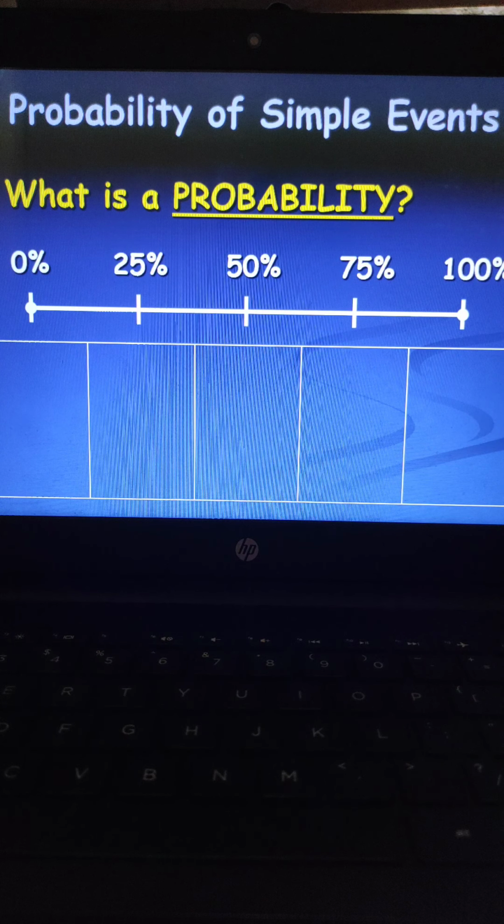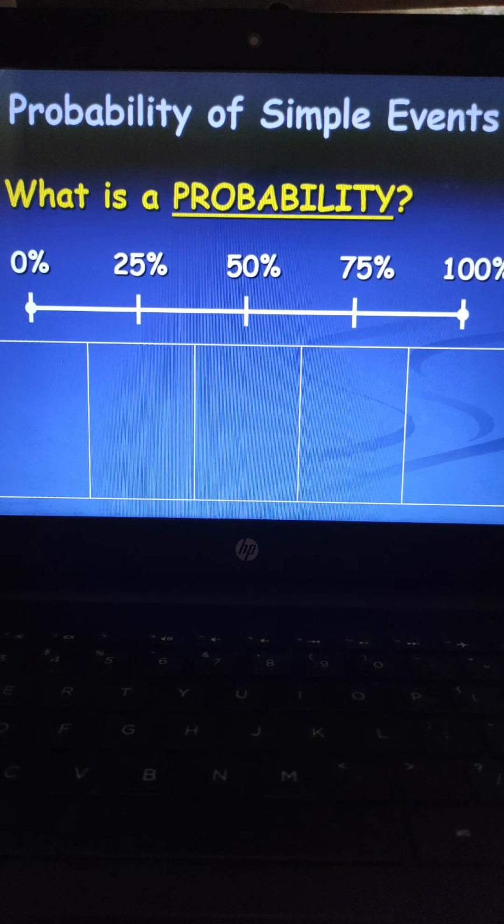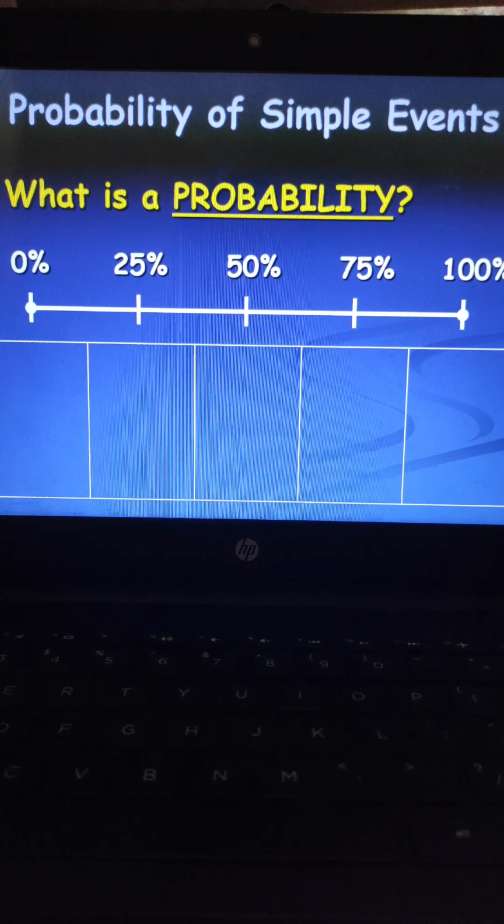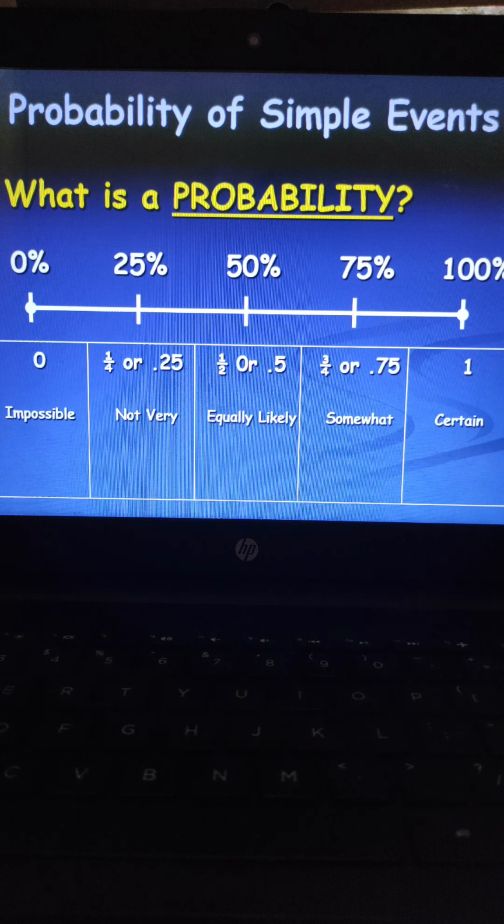Just take note that the sum of the probabilities of all possible outcomes must equal 1 or 100%. As you can see, we start from 0% and end at 100%. 0 describes an impossible event.